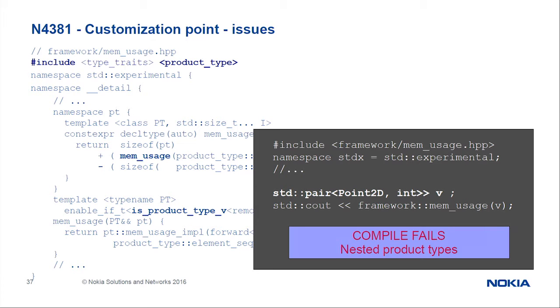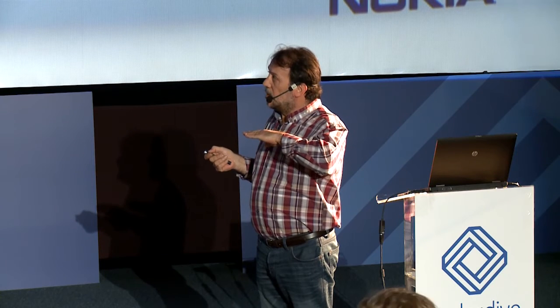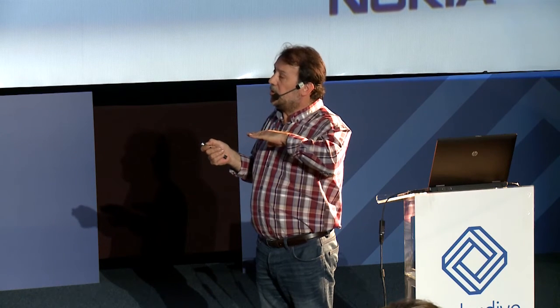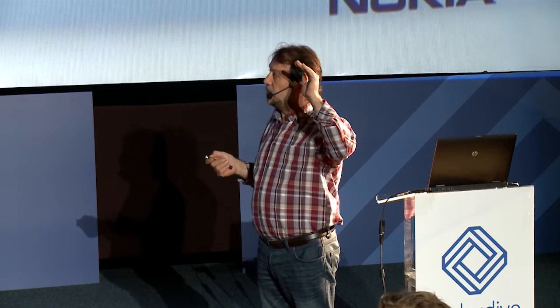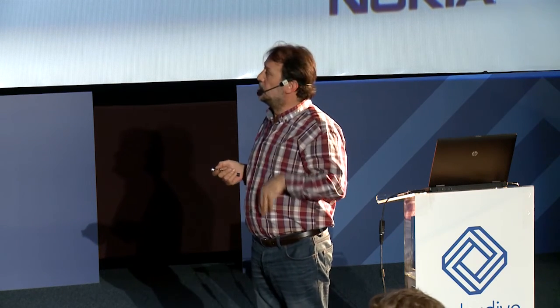The function here, the name here, mem usage, it only accesses the functions that are in this namespace or found by ADL. And this function is not found by ADL. Okay?